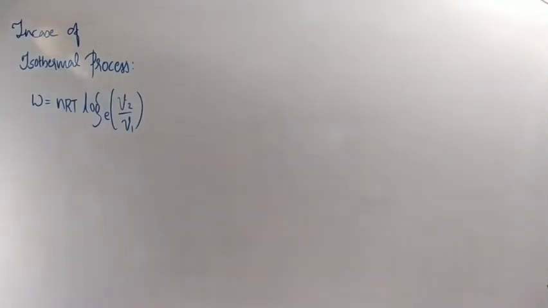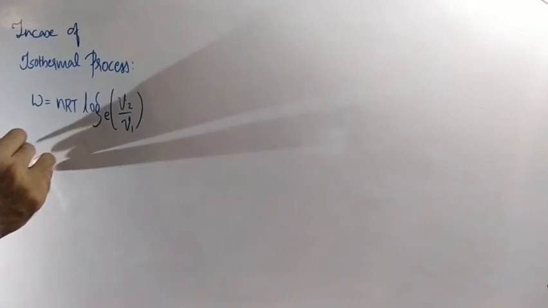Next, in case of adiabatic process also we had calculated. What is the formula in case of adiabatic process? Can you tell me? Yes, come on. In case of adiabatic process, what is the formula for work done? nR by gamma minus 1, correct now?